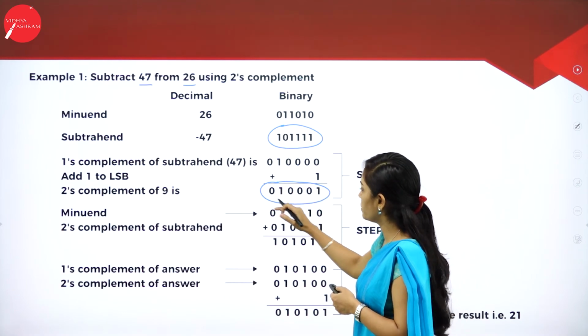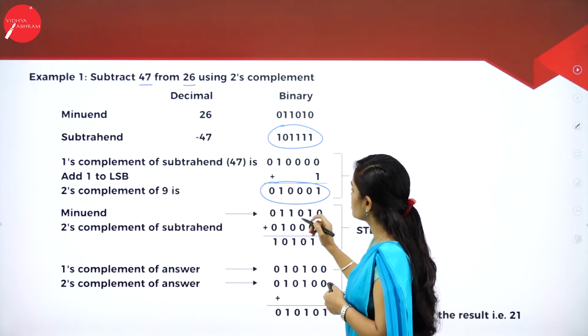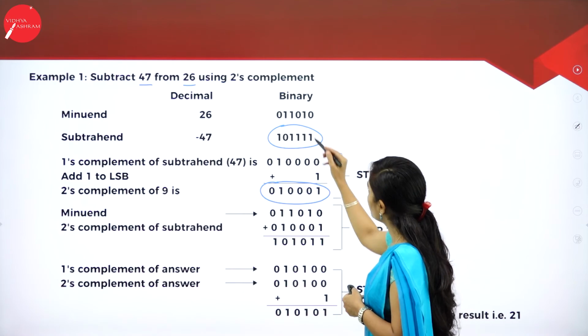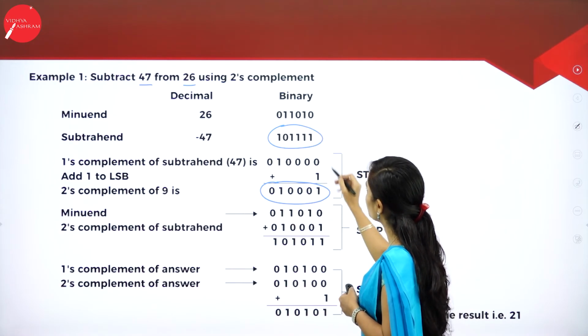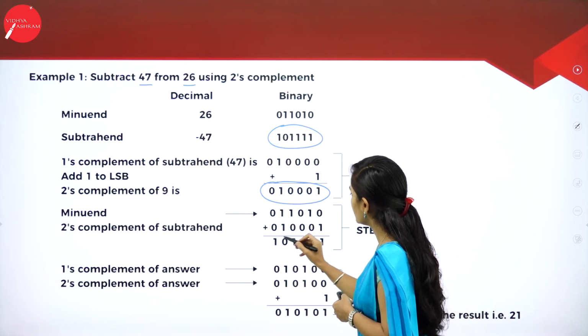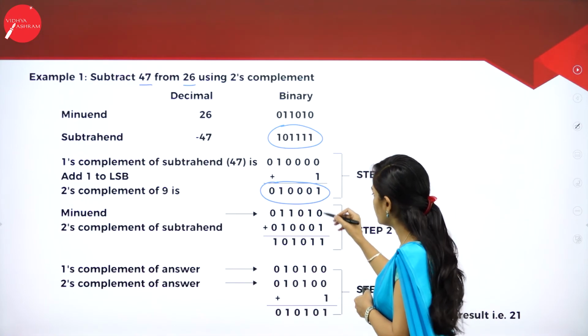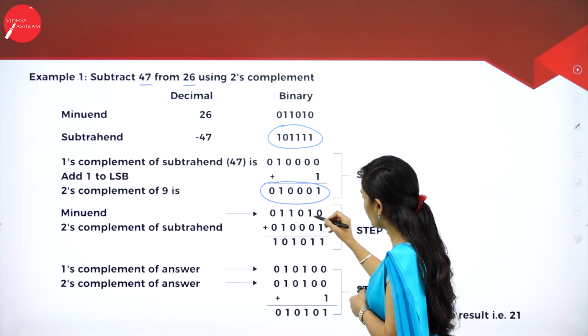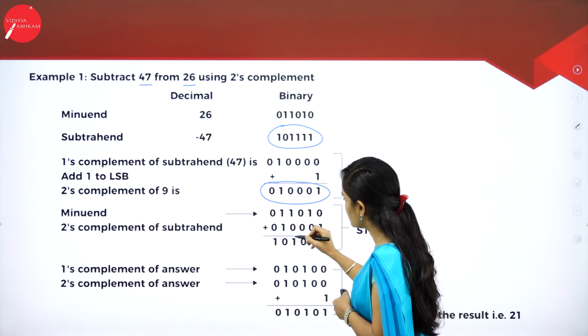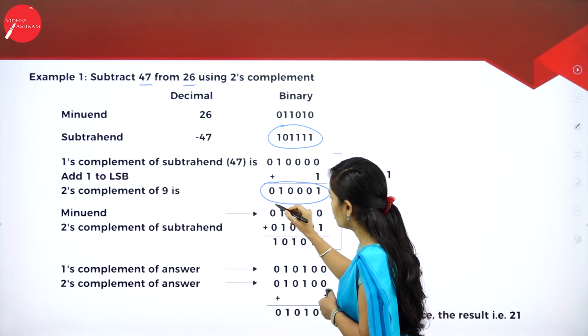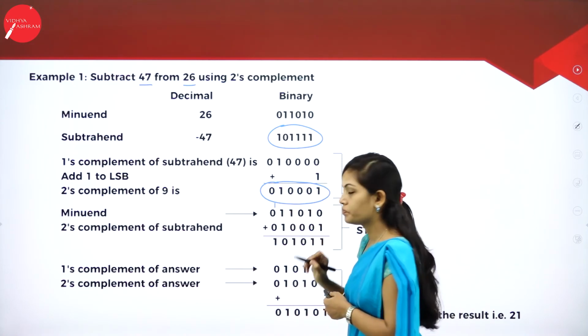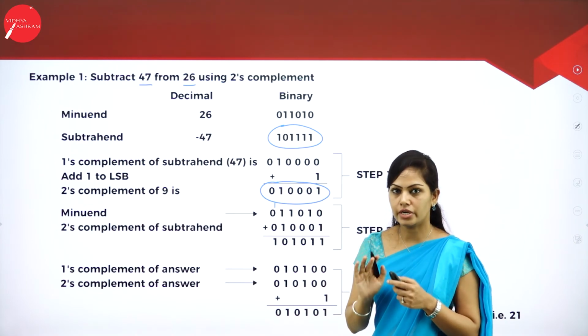Add this 2's complement value to the minuend, so you will get the final answer. So your minuend is 0,1,1,0,1,0 and the subtrahend is 0,1,0,0,1. Add these two values, 0 plus 1, 1 plus 0, 0, 0, 1 plus 0 is 1, 1 plus 1 is 0, 1 carry, 1 plus 0 is 1. There is no carry generated.